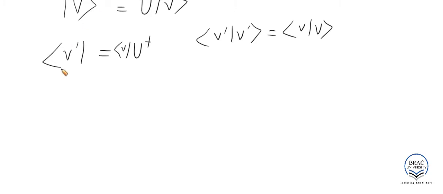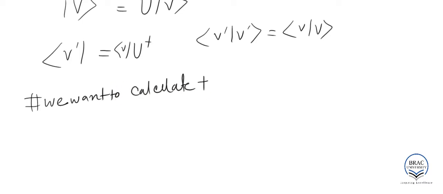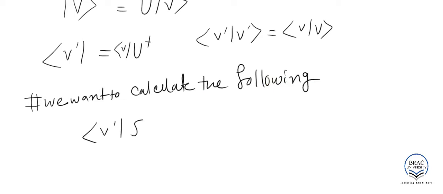Now what we want to do is calculate the following. That will be v prime omega v prime. In fact, this is something that is called an expectation value, and you will know more about it when we discuss eigenvalue theory. But now let's just write it down as expectation value.